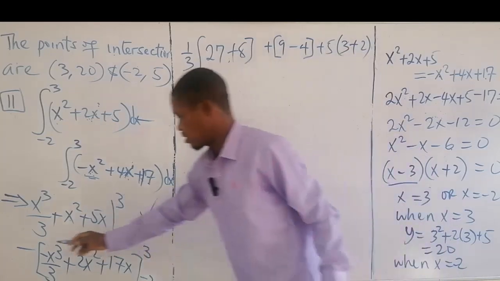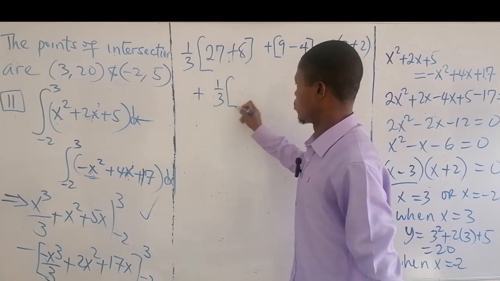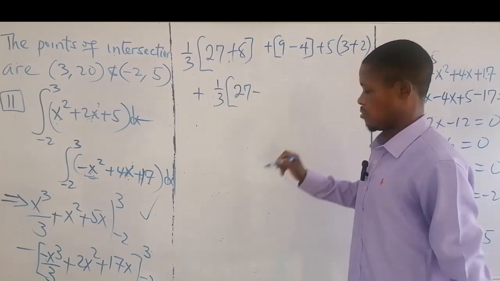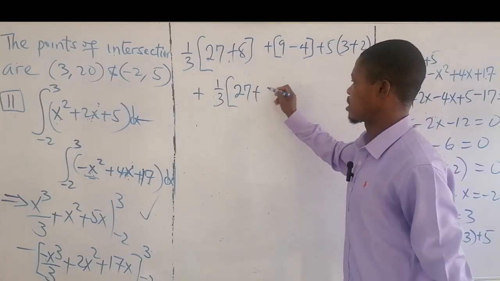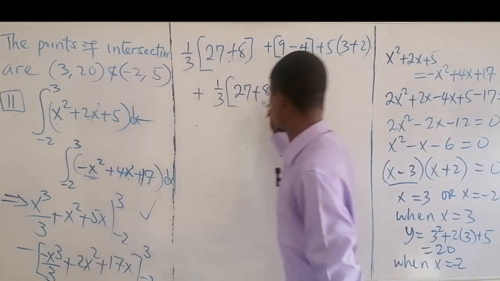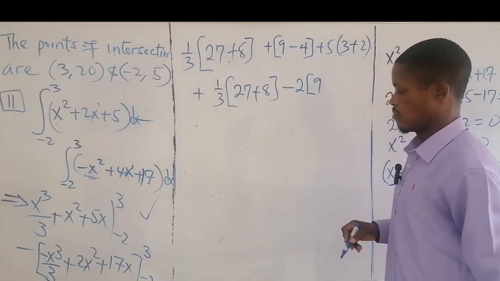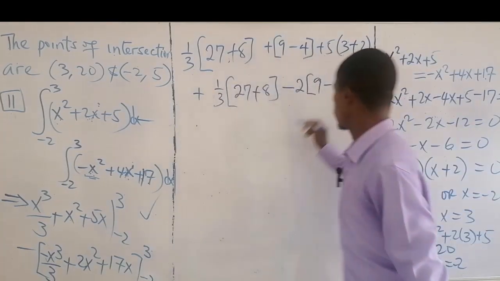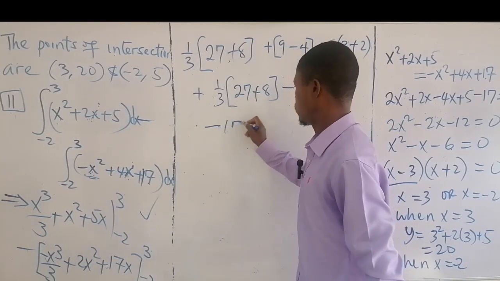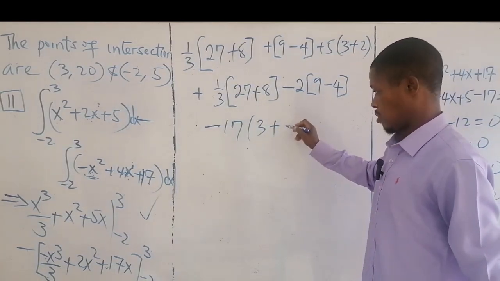The second one, allow this minus to come in, so I have plus 1 over 3 into brackets. The upper boundary is 3, that's 3 cubed, that's 27. Then minus minus 2 to power 3, that's minus 8, making plus 8. Then the minus here times the plus, that's a minus 2 into brackets: 3 squared, that's 9, and then minus 2 squared, that's 4. Then also minus times plus, that's minus 17, the upper boundary 3 minus minus 2, becoming plus.